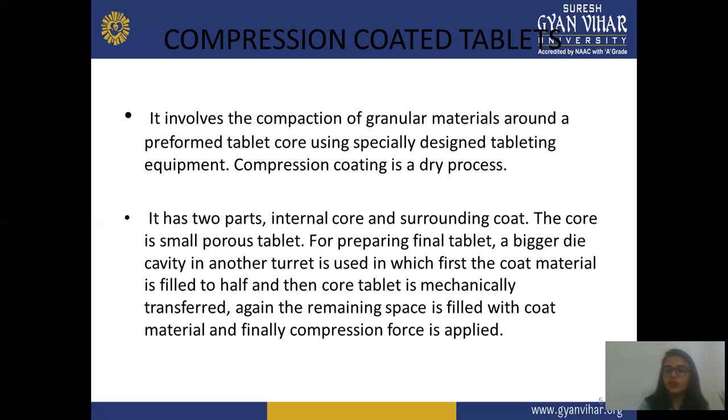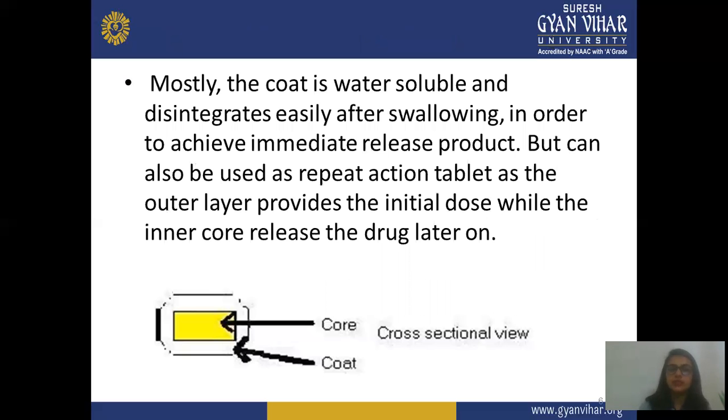This is all about the compression coated tablet, and in this, mostly the coat is a water soluble disintegrant that swells easily in order to achieve an immediate release product. But you can also use the rapid action of the tablet as the outer layer to provide the initial dose, while the inner core releases the drug slowly. You can see this diagram, and in it there are two parts.